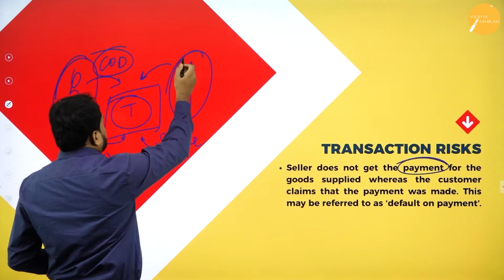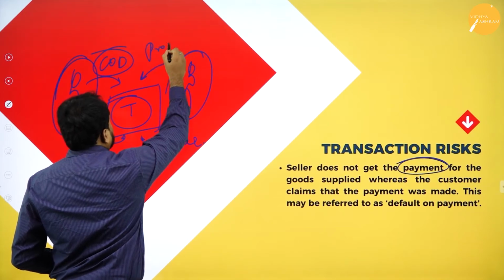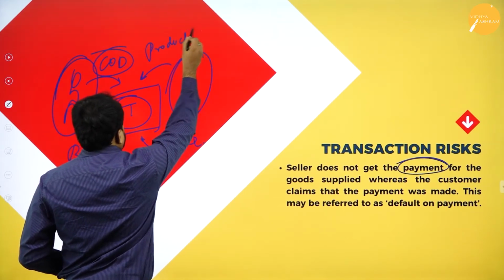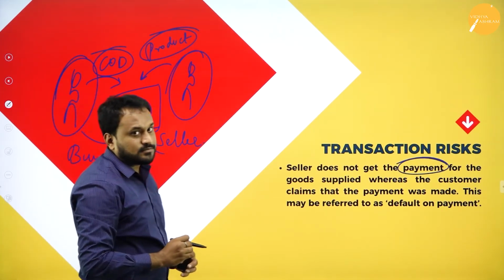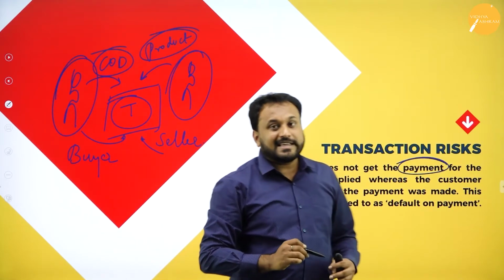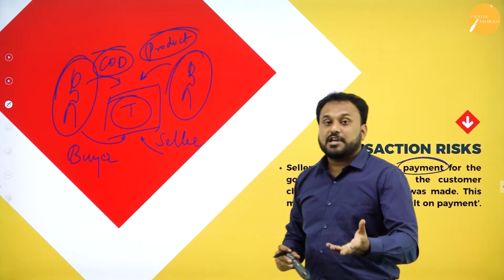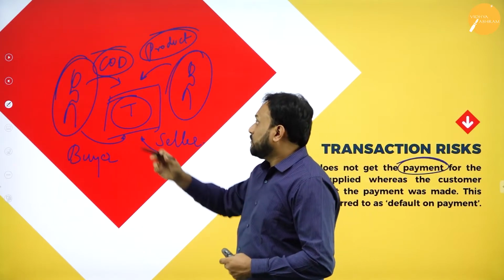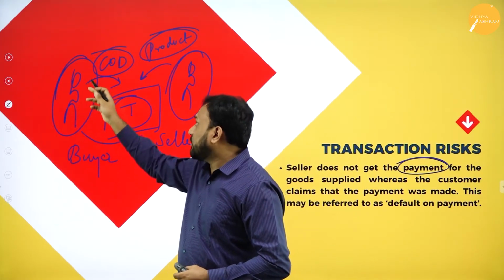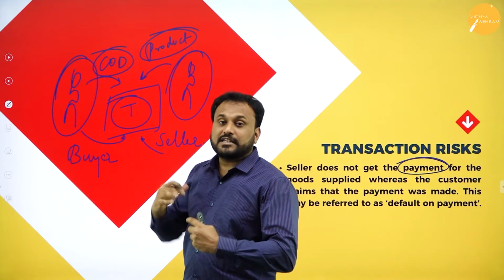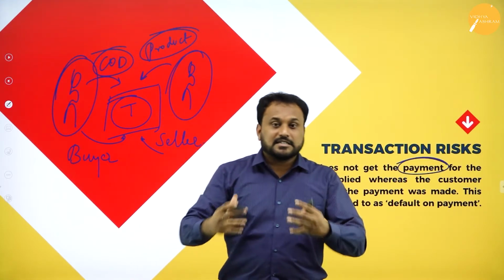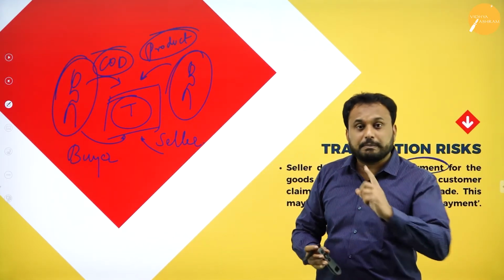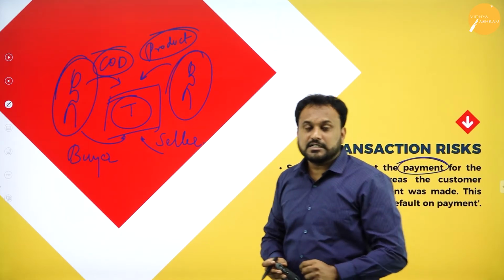The seller has given the product. The product has reached the destination, and that too the correct destination. But the seller will claim that he didn't get the payment. The customer says, I've already paid. But the seller will not get payment. Again, it's a transaction risk, not for the buyer, but definitely for the seller.